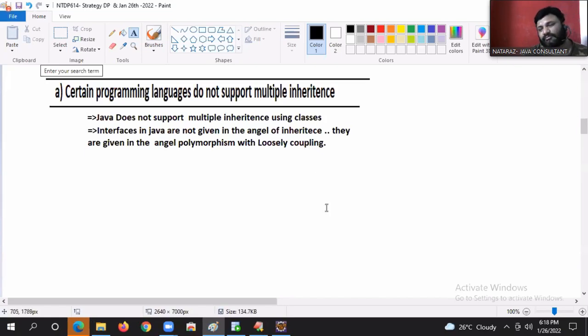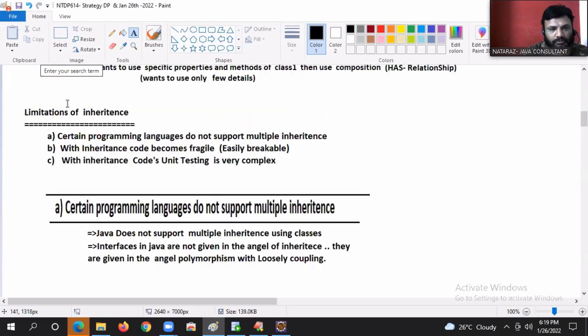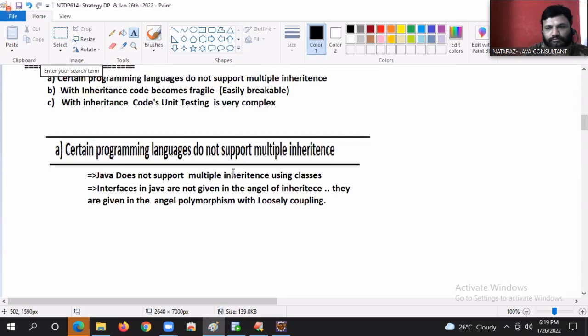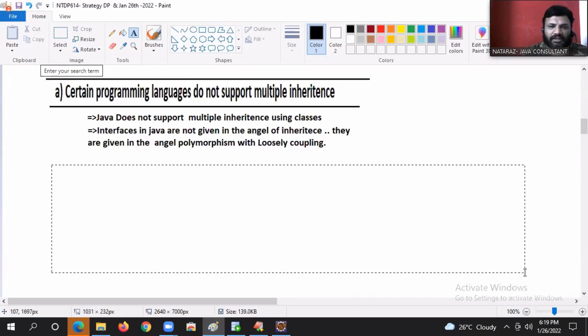Interfaces are given from the angle of polymorphism, not the angle of inheritance. Okay, boss. Now let it be.